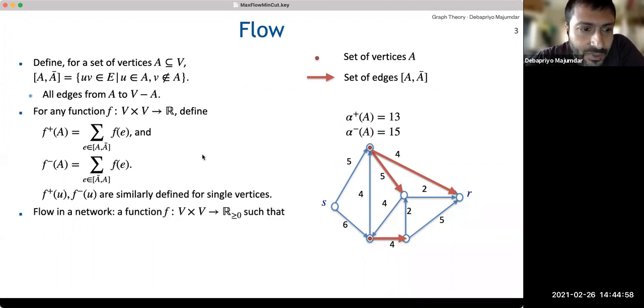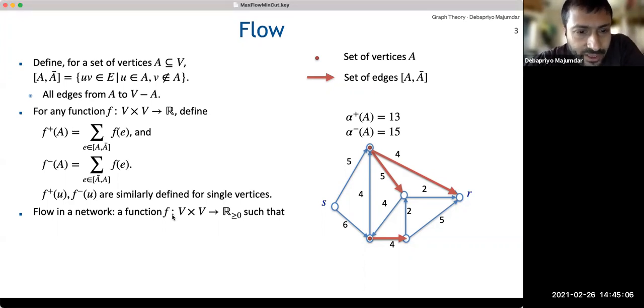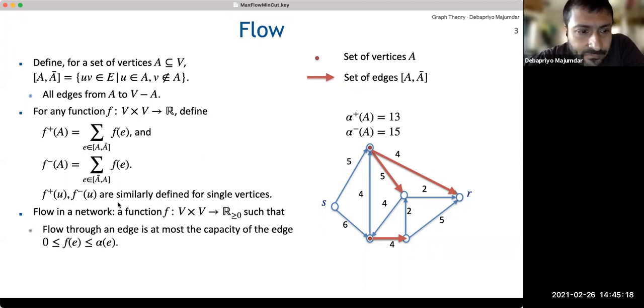All right. Now we are ready to define a flow. A flow in a network is a function like this. We are calling it f because we will keep calling the flow f. So it's a function, but not just any function. It has certain conditions. The flow through an edge is at most the capacity of the edge.